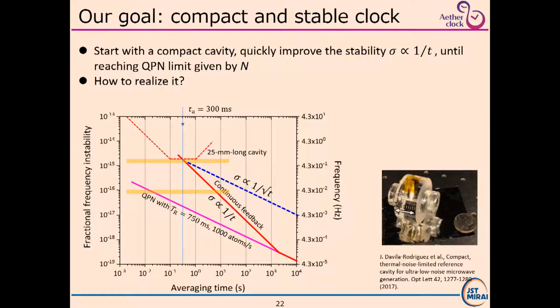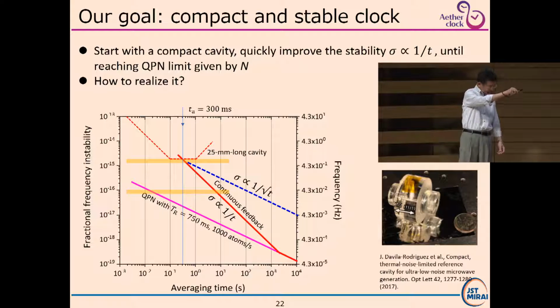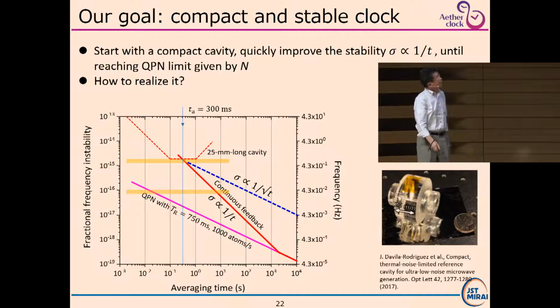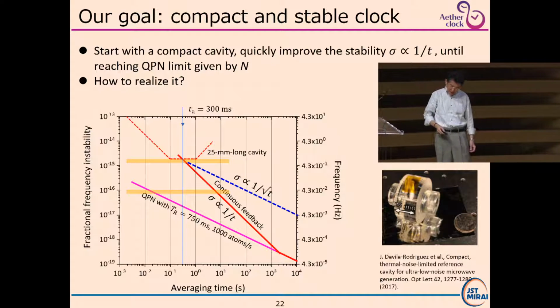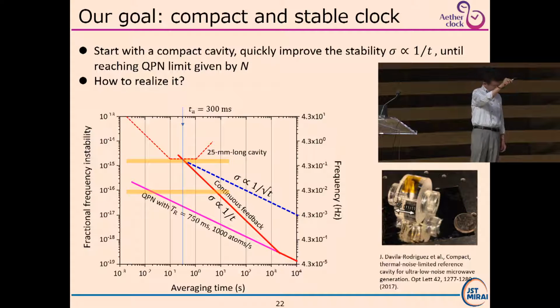So our goal is to make a compact and stable clock. We like a small one. So start from a very small cavity, like a 3 centimeter long cavity. Then the thermal noise limited stability is around 10 to the minus 15.